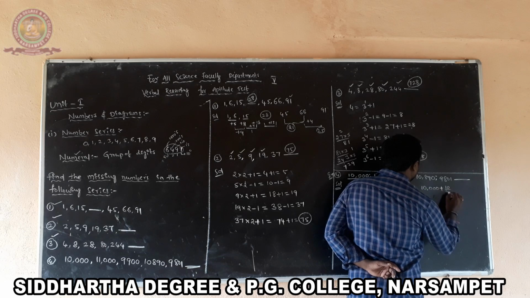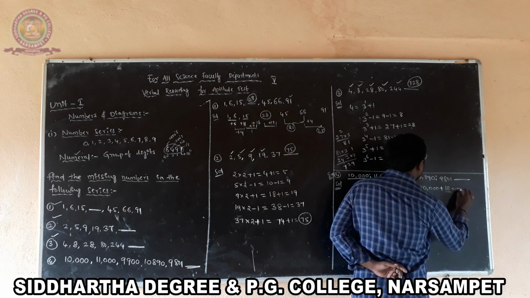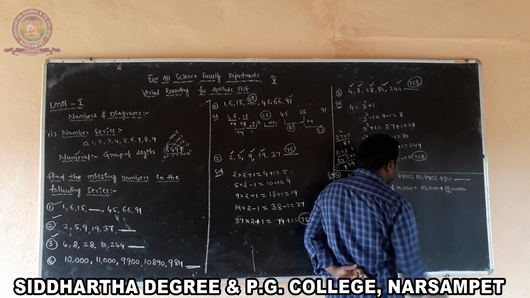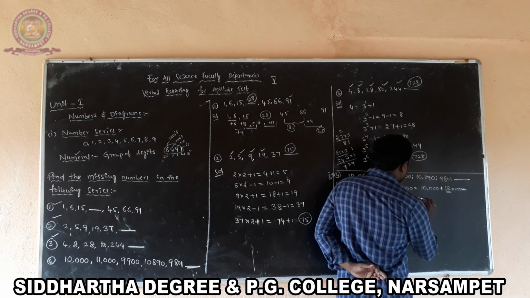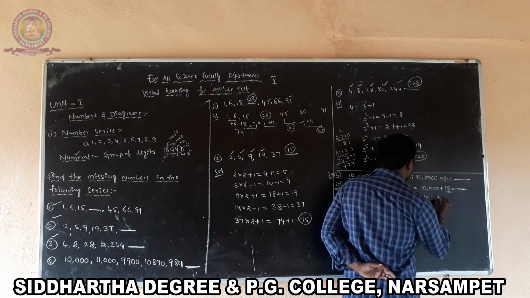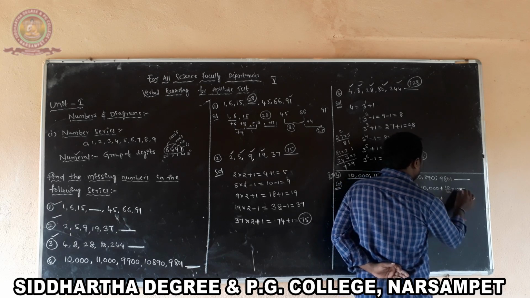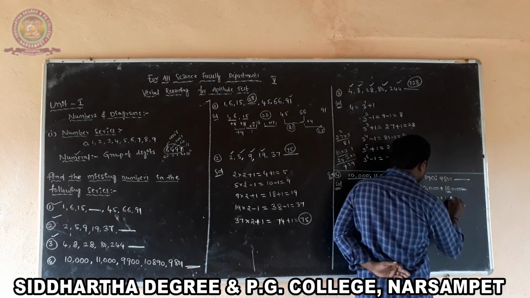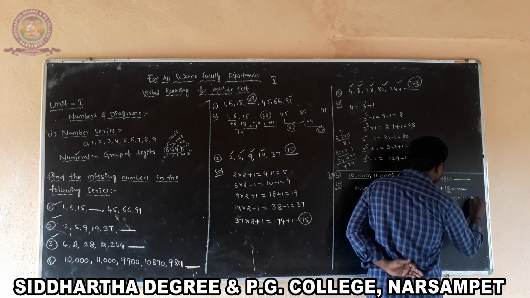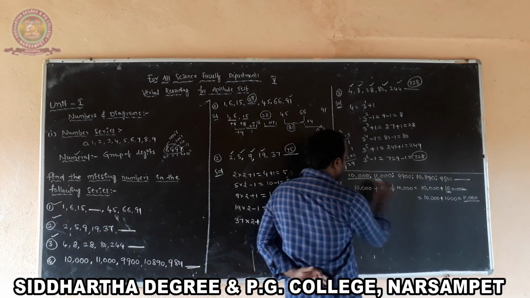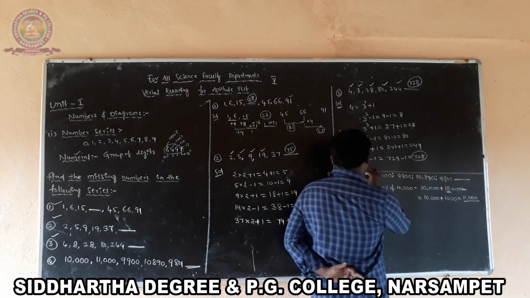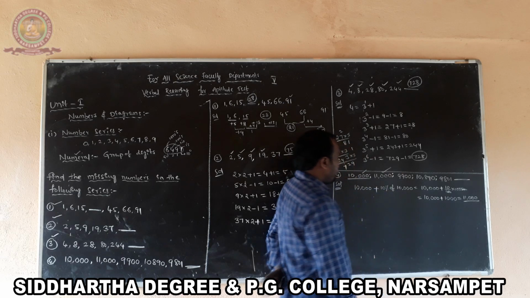So 10 by 100 into 10,000. Right? So these two zeros cancel. Then 10,000 plus 10 into 100, that is 1,000. So we can get the next term, that is 11,000. So taking 10,000, we can get 11,000.